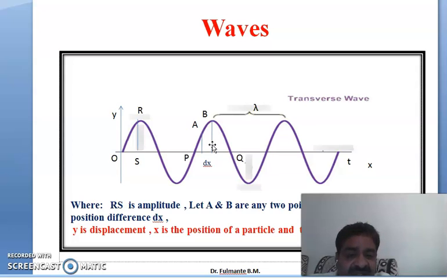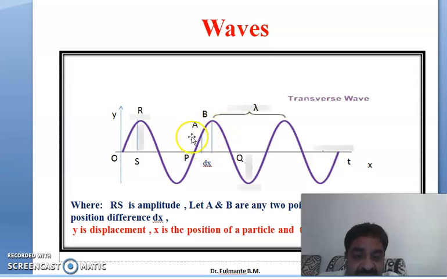Now such a PQ string is stretched and fixed or plucked at the center, and whenever it is left free, then it starts to vibrate transversely, and each particle of the medium or of the string performs SHM.